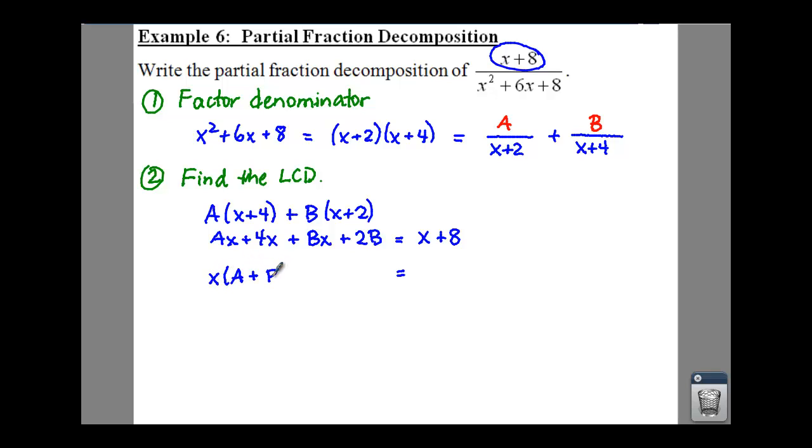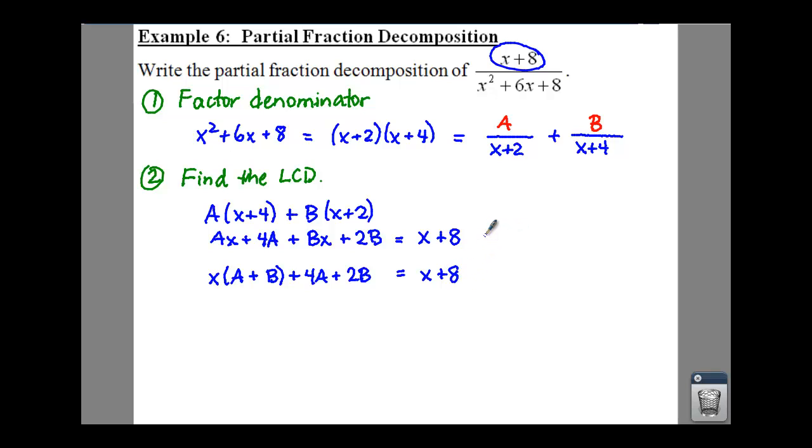And you can say x times a plus b. And then we can put our, whoops, that's not supposed to be a 4x, that's supposed to be a 4a. Let's get rid of that. 4a. So then we're going to have a 4a plus a 2b is equal to x plus 8.